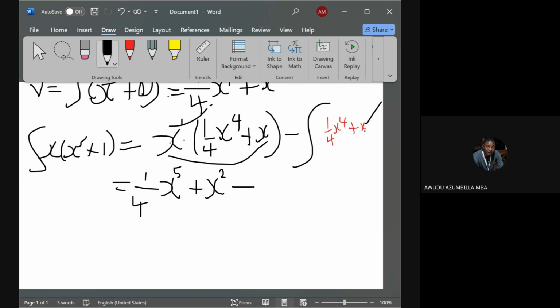Remember that this one is not a composite function. It is a function standing alone. So let's integrate x with respect to x. A composite function is in the form where we have a number in a bracket.